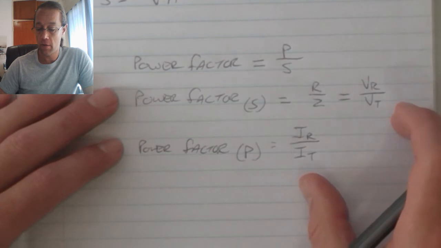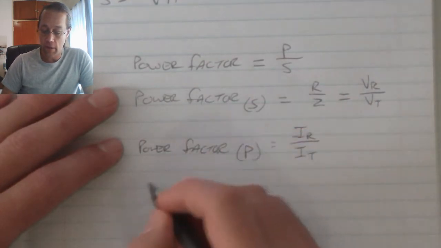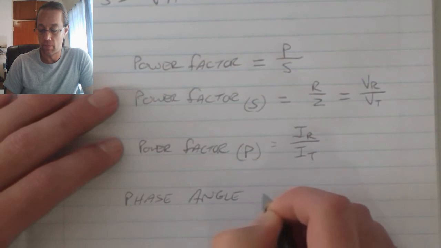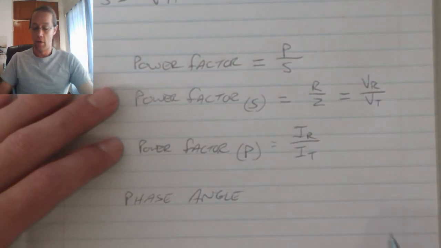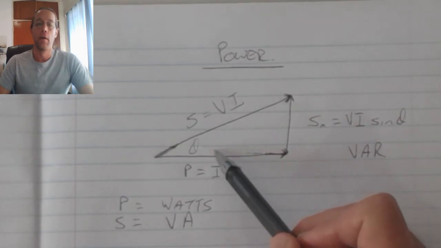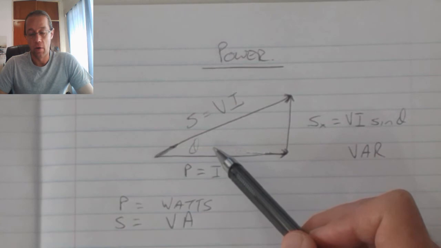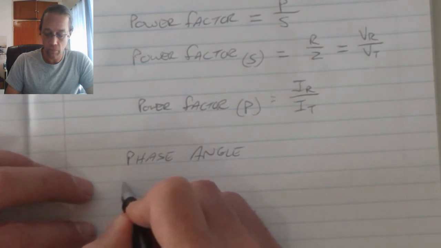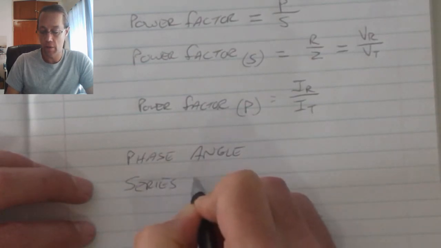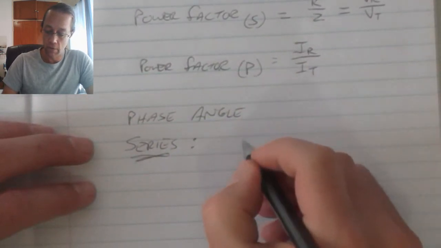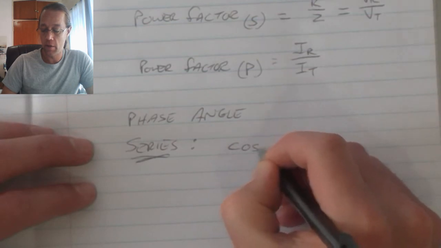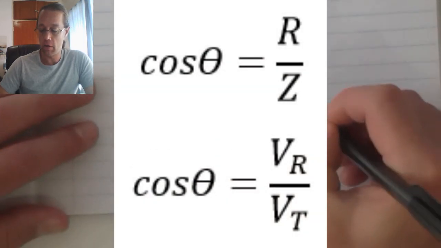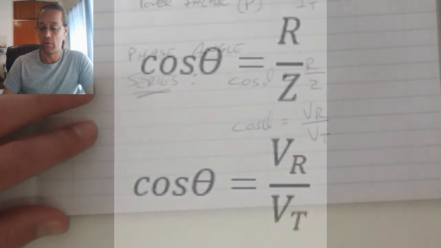Now, thinking back to mathematical aspects, the phase angle, in other words, the determination of theta over there, if we apply trigonometry, we will find that in a series circuit, my phase angle works out to be cos theta is equal to R over Z, or cos theta equals VR over V total.